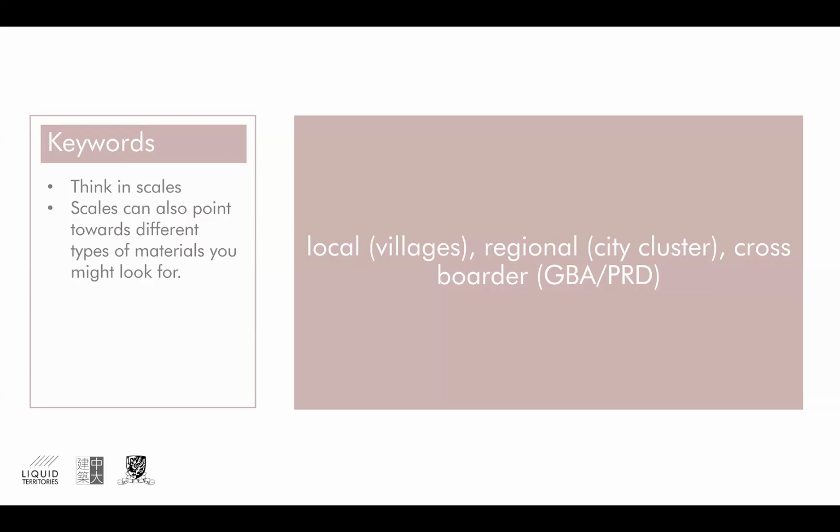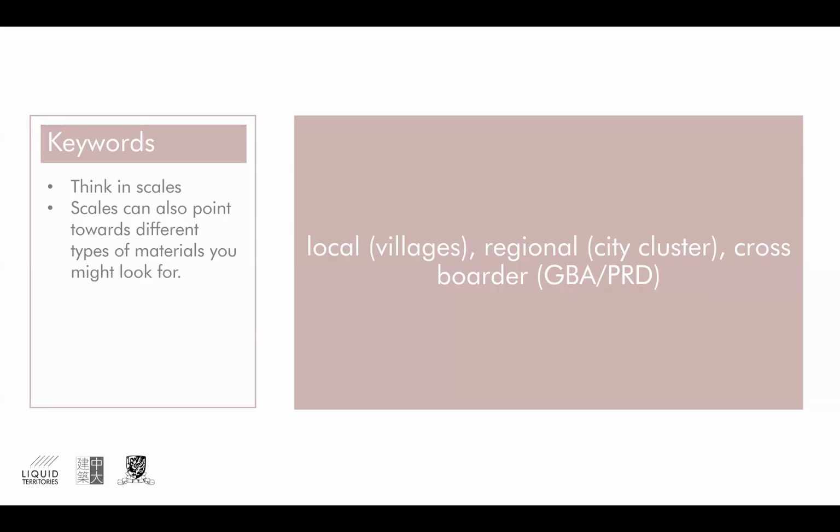Each of these scales can also point towards different types of archival materials. At the local scale, you might want to look for gazetteers, oral history, or county level planning documents. At a regional scale, you might want to look for infrastructure maps, transport design reports, or regional planning archives.